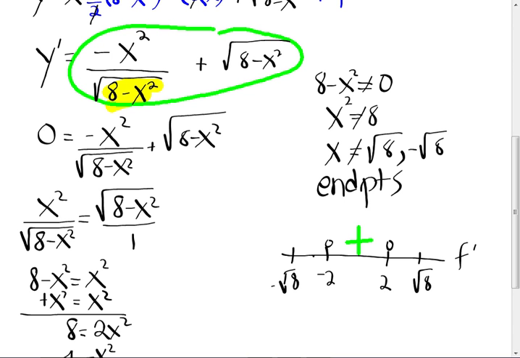Now, what if you put in 2.1? Well, this is positive, and that's negative. I can't actually evaluate it without a calculator. Well, I just don't like it for that reason. But you would find that this is a negative, and this is a negative.